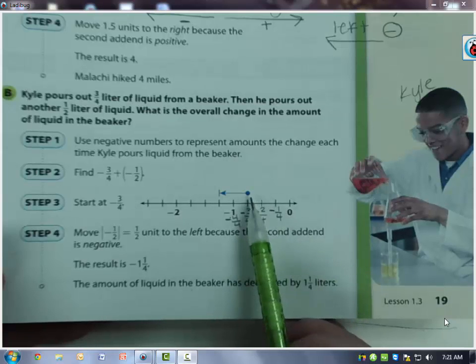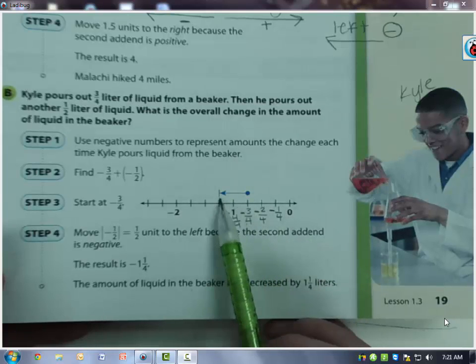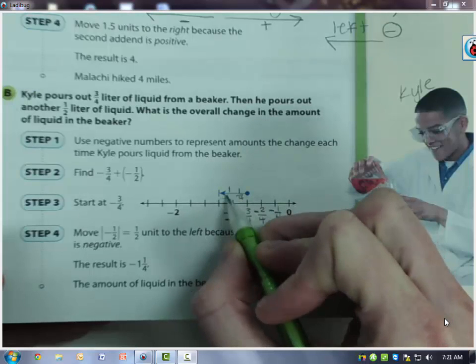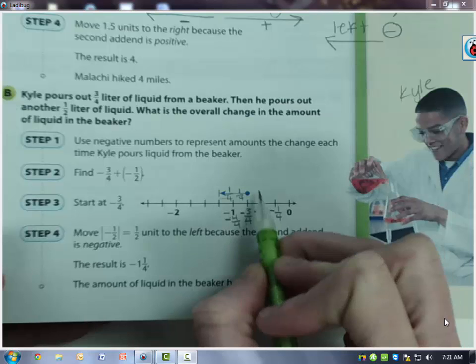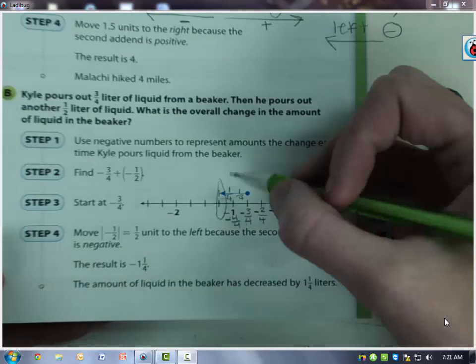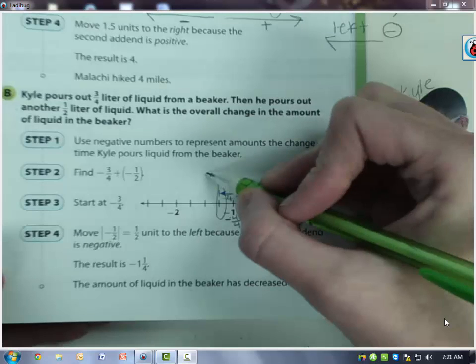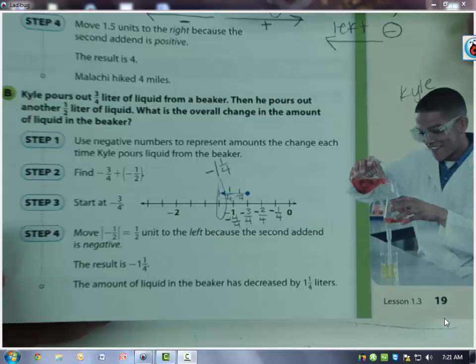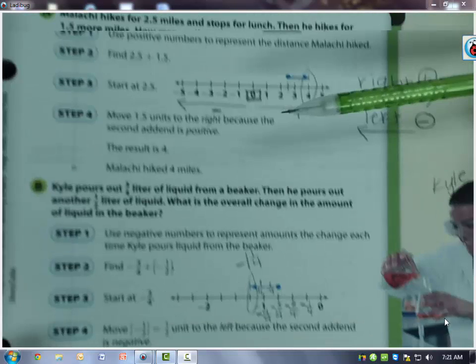So 1/4 we move, and then another 4th we move. So then in total we moved 1/2. So where do we land? Very good. We land at -1 1/4. So notice on A we added like signs that were positive. On here we added like signs that are negative, and we ended up with negative.